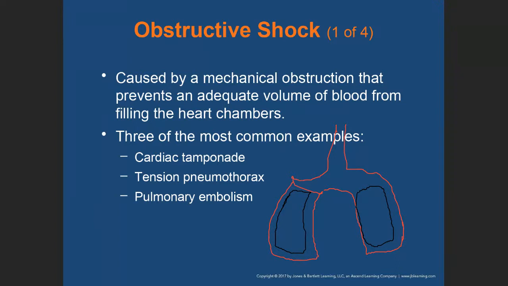So if that opening is larger than the air passage, when the patient breathes in, instead of the air going into the air passage, it's going to go into the pleural membrane, and then it will cause the lungs to collapse. This is what we call a pneumothorax. So a pneumothorax is air collecting in the pleural space that causes the lungs to collapse.